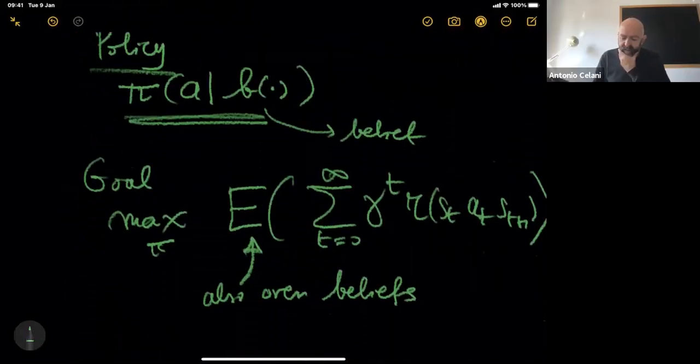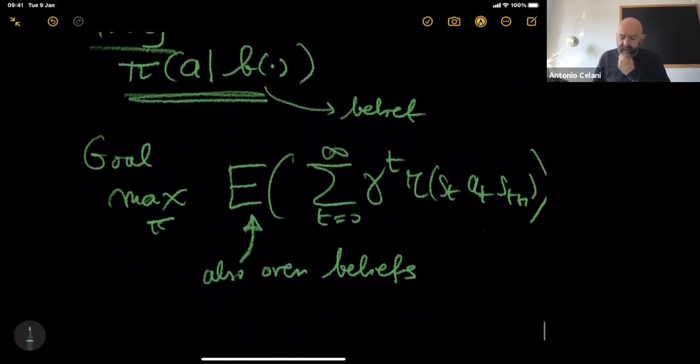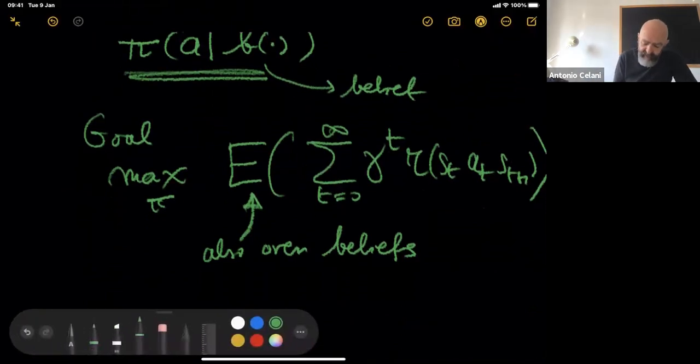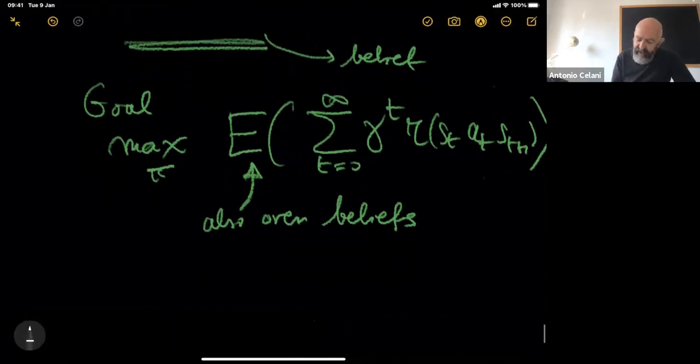Okay, so just to make everything absolutely transparent, let's see what this means in terms of averages over beliefs, starting out with the first terms in this sum.